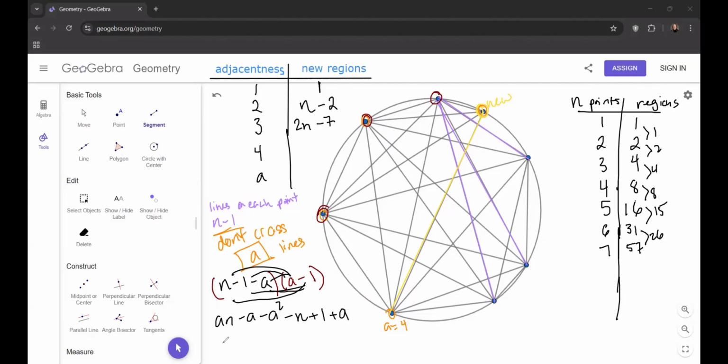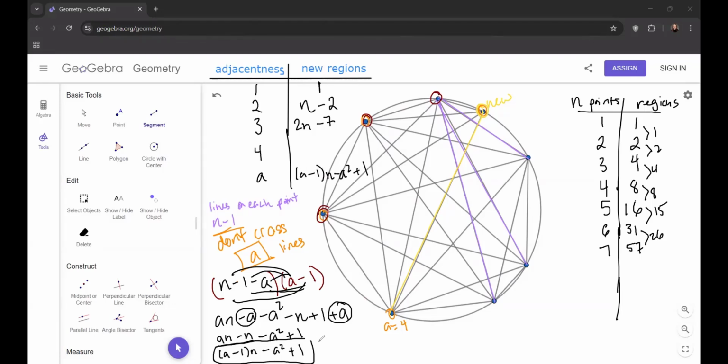So I'm going to reorganize this to an minus n. This negative a and this positive a cancel out. So minus a squared plus 1. And then I'm going to factor out the n here. So we're going to have a minus 1 times n minus a squared plus 1 as our general formula.